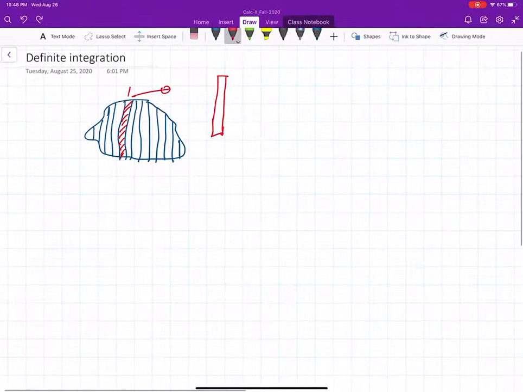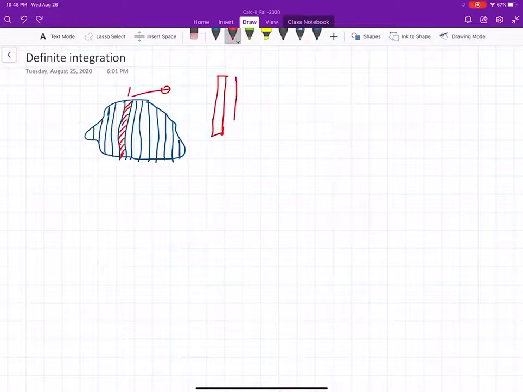You know how to compute the area of a rectangle, which is height multiplied by the width, W. That gives you the area of this stripe, and then you add all such rectangles together. That will give you the area of this piece of paper.